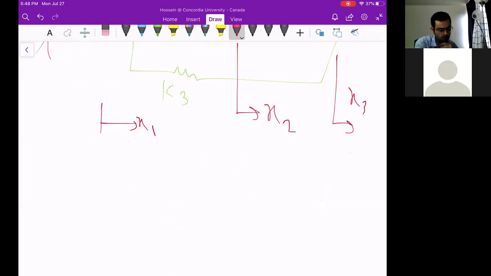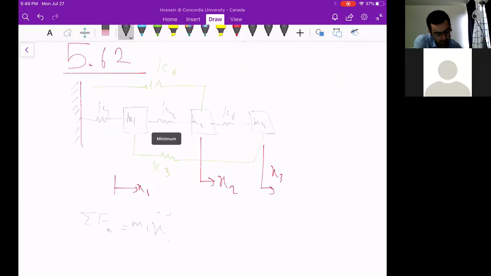Determine the matrix equation. So we are supposed to derive the equation of motion in matrix format. All you have to do is take advantage of Newton's second law for each mass. Summation of forces applied at mass 1 is going to be m1 x double dot 1.